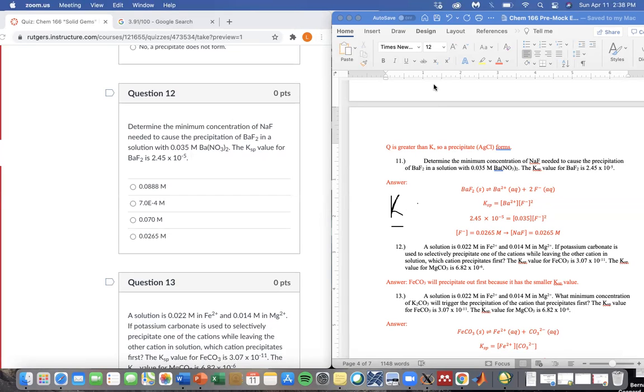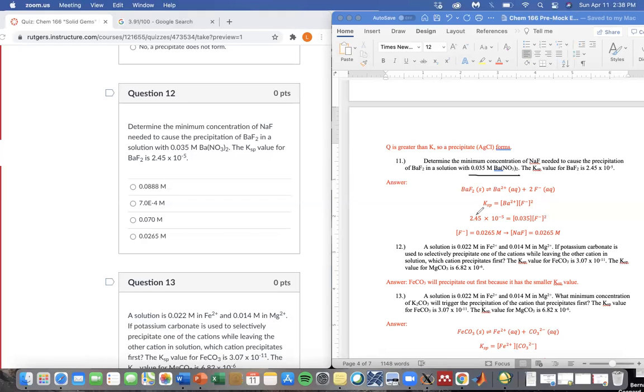And so we're given our K value, and we're given our concentration of Ba2+, because we have Ba(NO3)2. We have the concentration of that, which is going to give us Ba2+. If we're looking at our Ksp expression, the one thing to keep in mind here is that we have a coefficient of 2 in front of the F minus, so we just need to square the F minus in our Ksp expression.